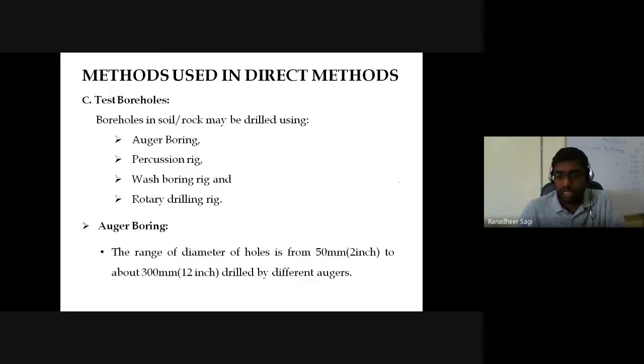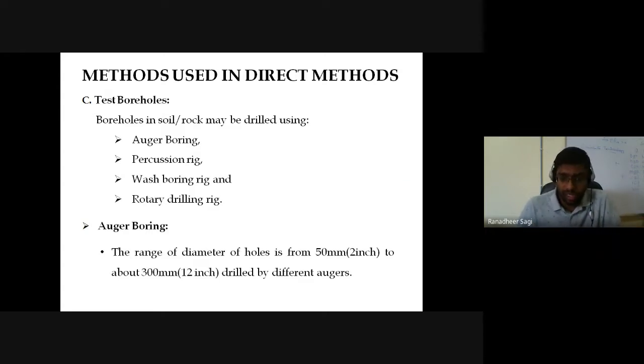And there are various other direct methods which can be carried out in the field itself, which we call in situ tests, by which one can also determine the properties of the soil at different depths, based on different correlations available between the field test results and the soil properties we are looking at.